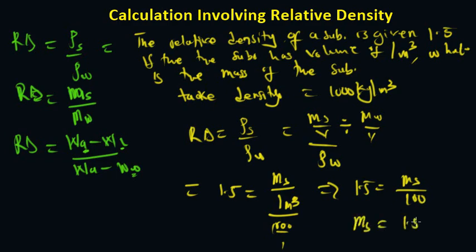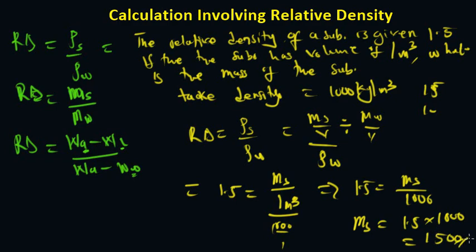ms will be equal to 1.5 times 1000. 1.5 is just like having 15 over 10, so this will give us 1500.